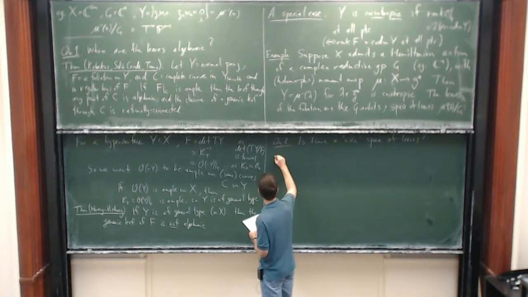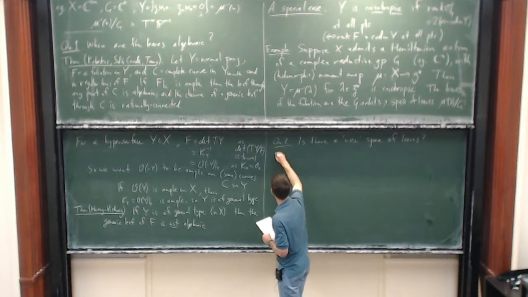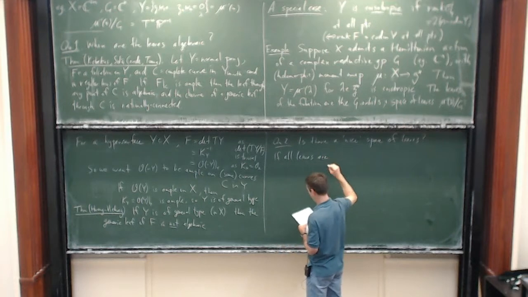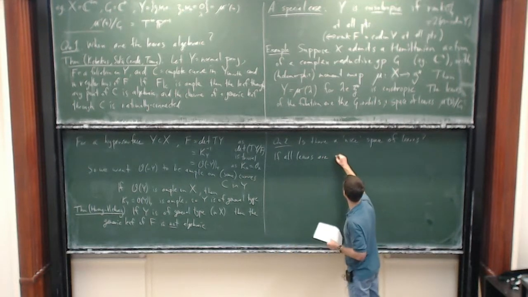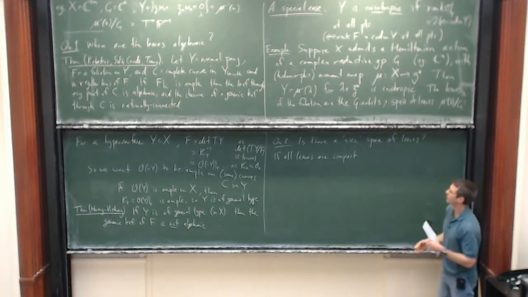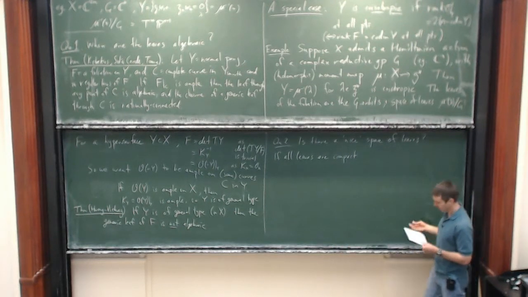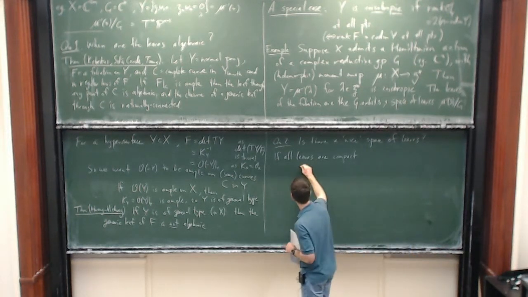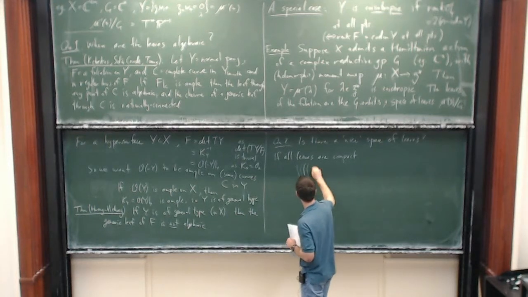Even in a fairly general setting, if you're in the compact complex setting and all the leaves are compact, then the picture is that you have this leaf L and a nearby neighborhood.